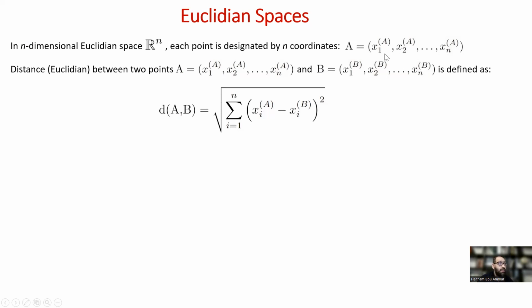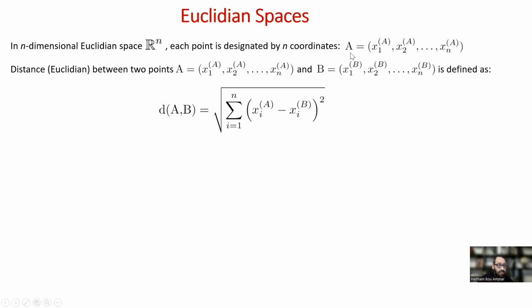This is its location with respect to the first coordinate axis, this is its location with respect to the second coordinate axis, and the third location with respect to the third coordinate axis, and then the nth location with respect to the nth coordinate axis.